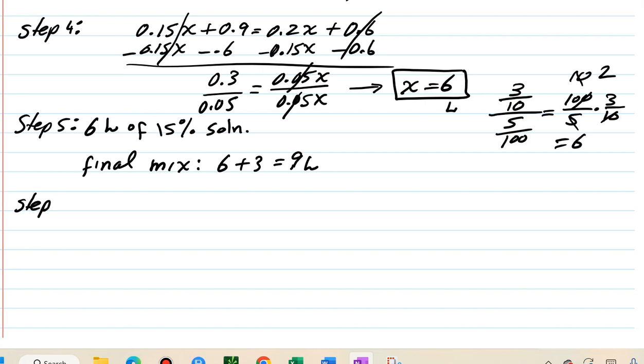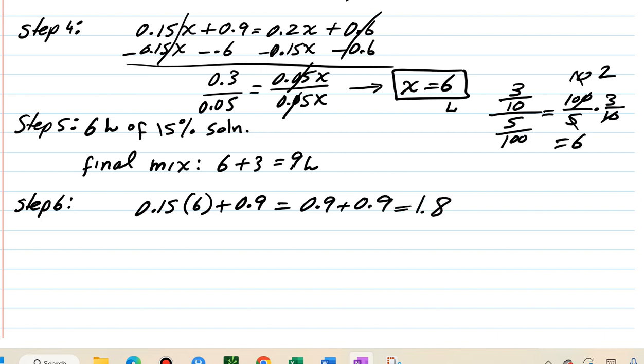Now step 6, that would be the check. So what are we going to check here? Well, this answer seems reasonable, right? It's going to check because the amount of alcohol in the two solutions is equal to the amount of alcohol in the mixture. So if I look at the equation, 0.15 times 6 plus 0.9 equals 0.9 plus 0.9.